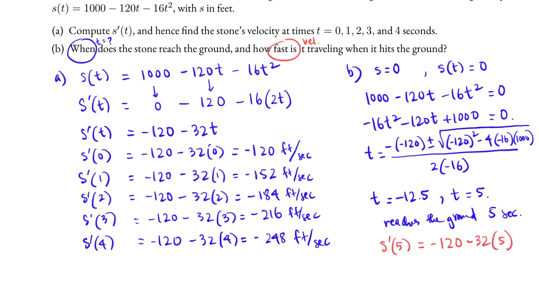Again, the question about how fast is about the velocity, specifically in this case, this is negative 280 feet per second. We would say that the stone is traveling at a speed of 280 feet per second, where the speed is the magnitude or the absolute value of the velocity.